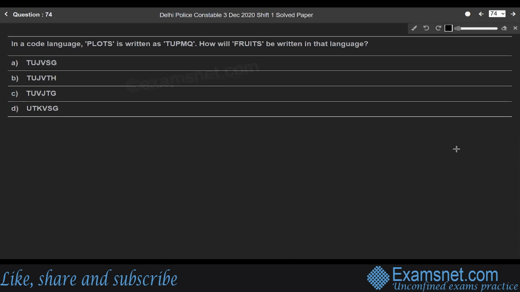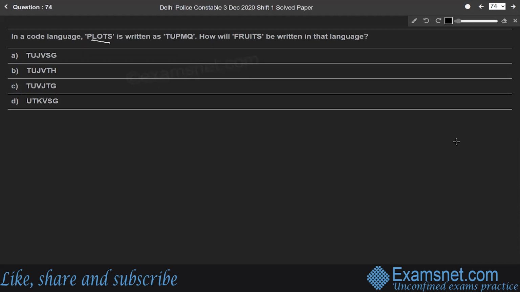Question 74. In a code language, plots is written as TUPMQ. How will fruits be written in that language?